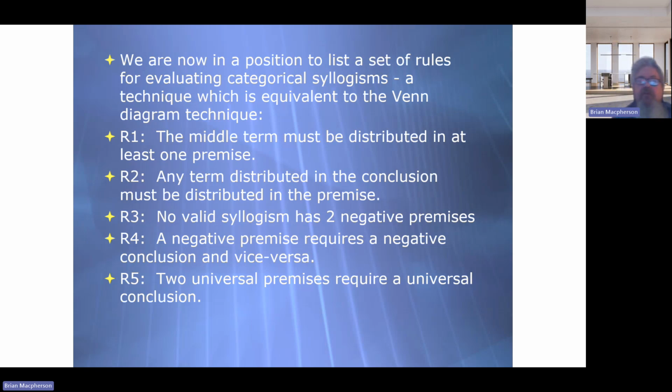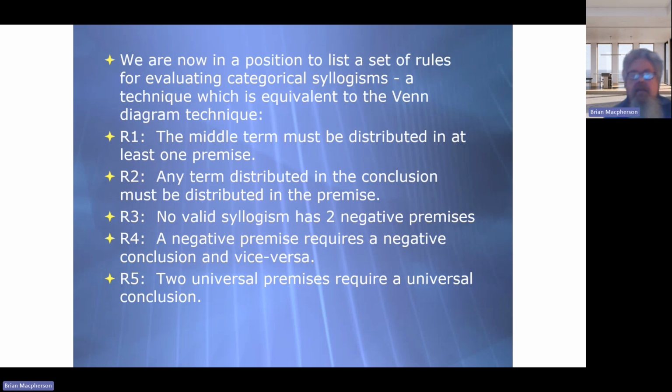Long story short, a syllogism is valid if and only if it satisfies each of those 5 rules. A syllogism that satisfies each of those 5 rules will also have a Venn diagram such that if I diagram in the premises, I'll get the conclusion. So there's a complete one-to-one correlation between the rule technique and the Venn diagram technique.